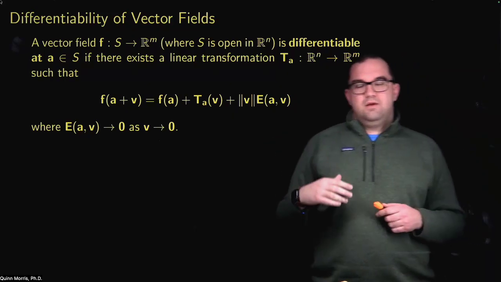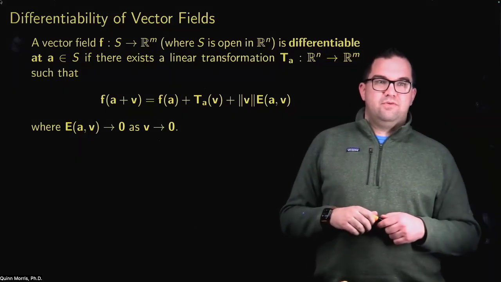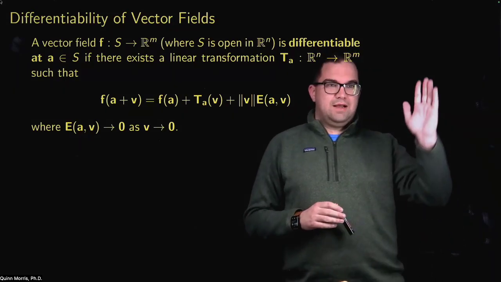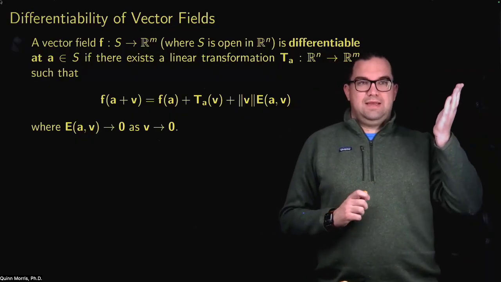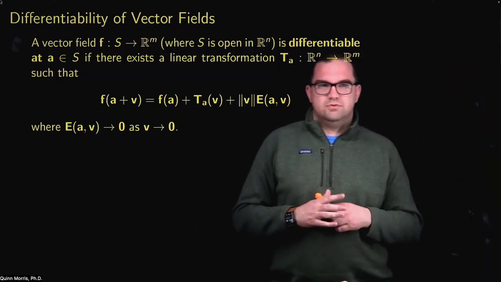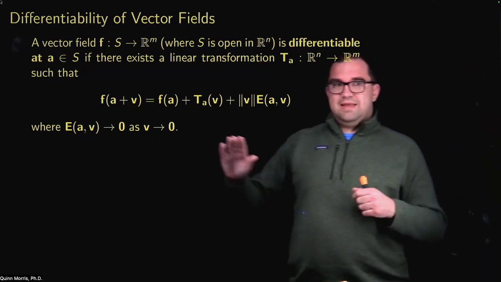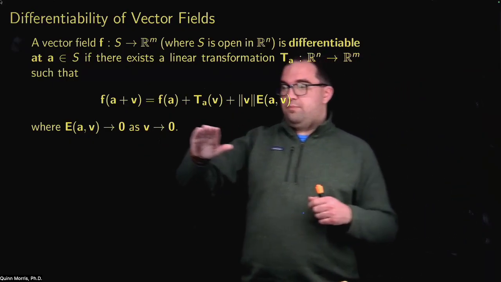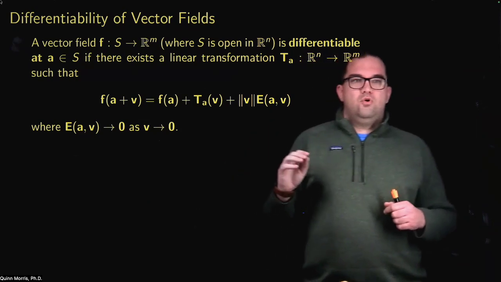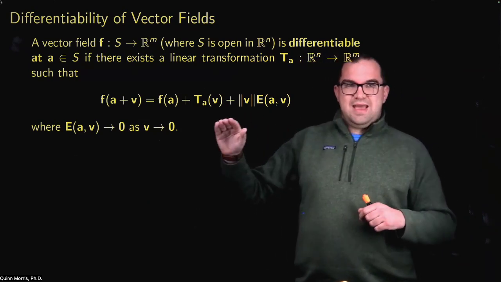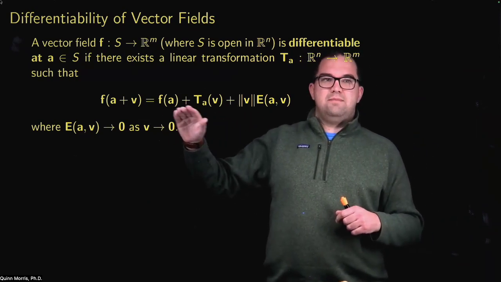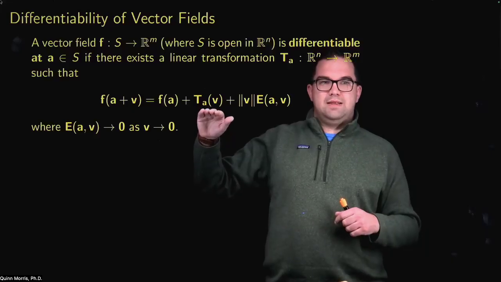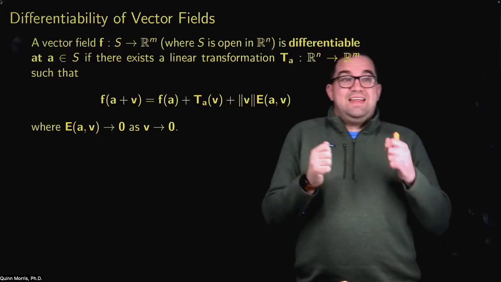Now, unfortunately, this does not have the same notion of a nice approximating tangent plane that we had for scalar fields. But again, it is this first order Taylor approximation. And really what all of this is saying is that the function can be fairly well approximated by some sort of linear object.